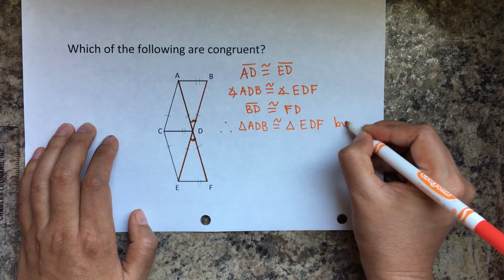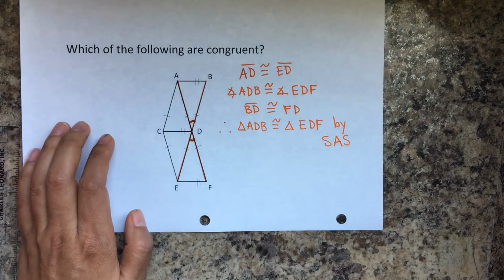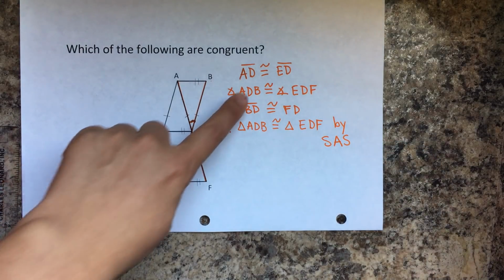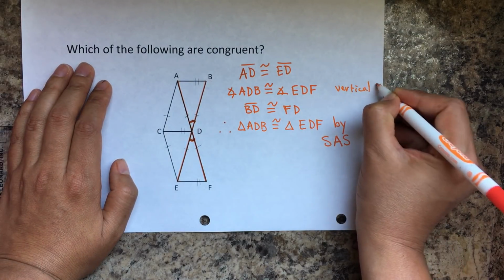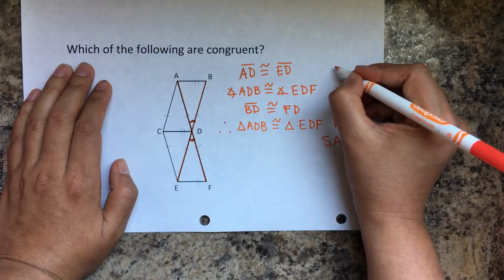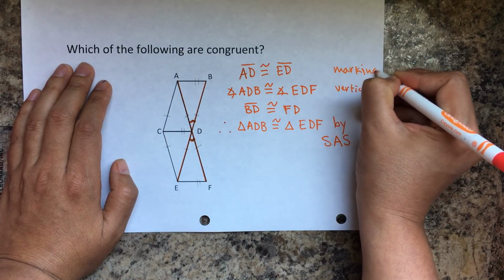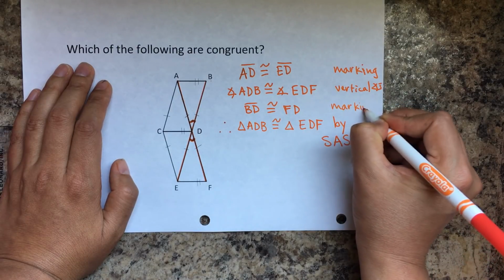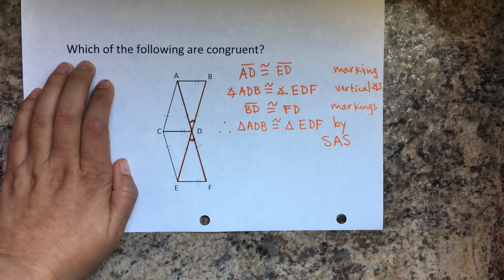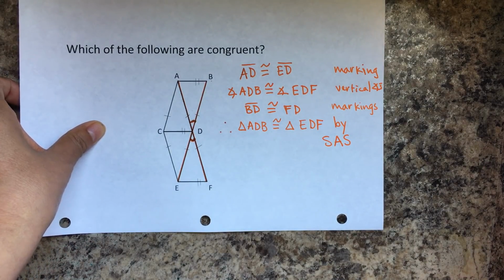And this is by side, angle, side. And again, we know that the reason is because there are vertical angles. The reason for this one is because they have the markings. They also call it given. Okay, and this also is because of the markings. Okay, so take a minute, pause the video.